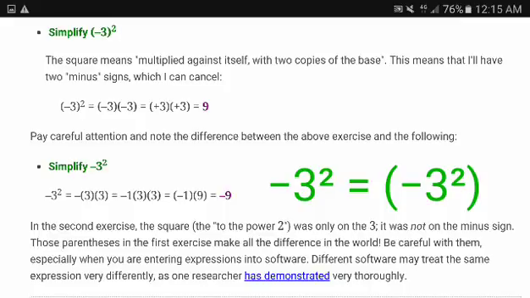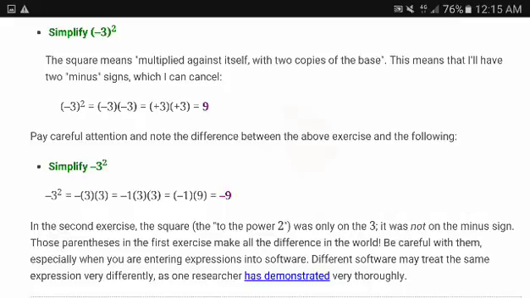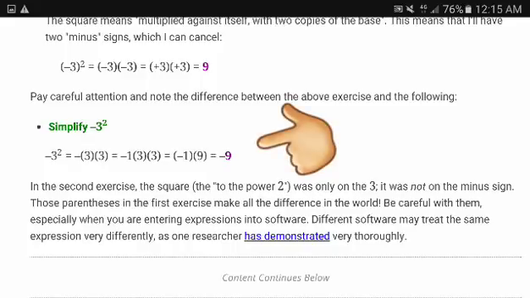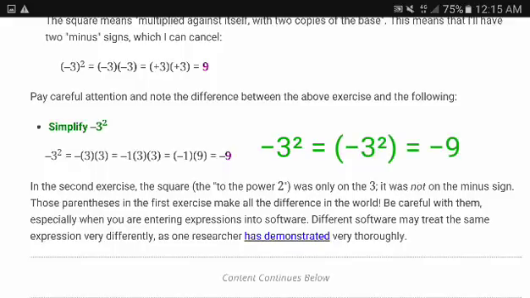Negative 3 raised to 2 equals, nasa labas yung parenthesis, ang minomultiply lang natin ay yung 3 lang, and then may coefficient siya na 1, so negative 1 times 3 squared equals negative 1 times 9 equals negative 9. So kapag walang parenthesis or lahat sila, including yung exponent na sa loob ng parenthesis, ang sagot dyan ay negative.